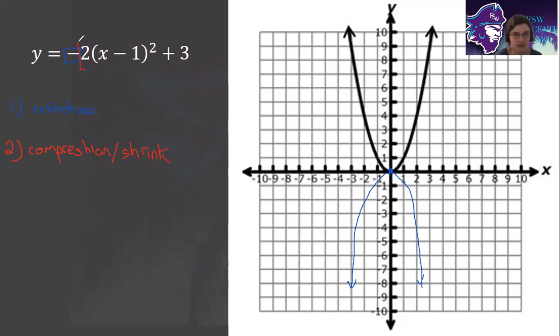We have a 2 representing a stretch or shrink that we might encounter. Since this 2 is in the exterior of the function, this represents a vertical stretch. For the vertical stretch, we multiply each y value by that number, in this case 2.